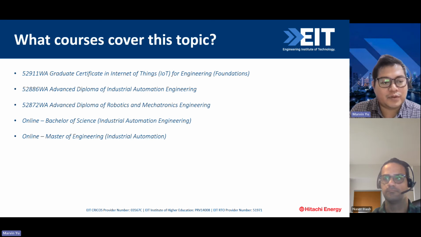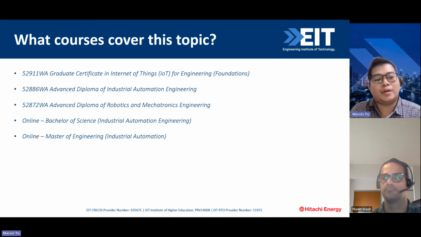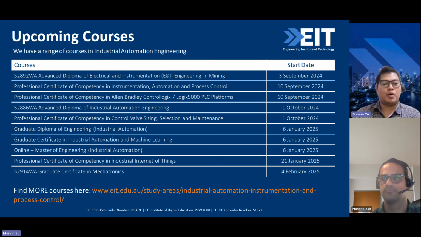We also have the 52886 WA Advanced Diploma of Industrial Automation Engineering, the 52872 WA Advanced Diploma of Robotics and Mechatronics Engineering, and the online Bachelor of Science in Industrial Automation and online Masters for Industrial Automation. All right, so these are the courses.